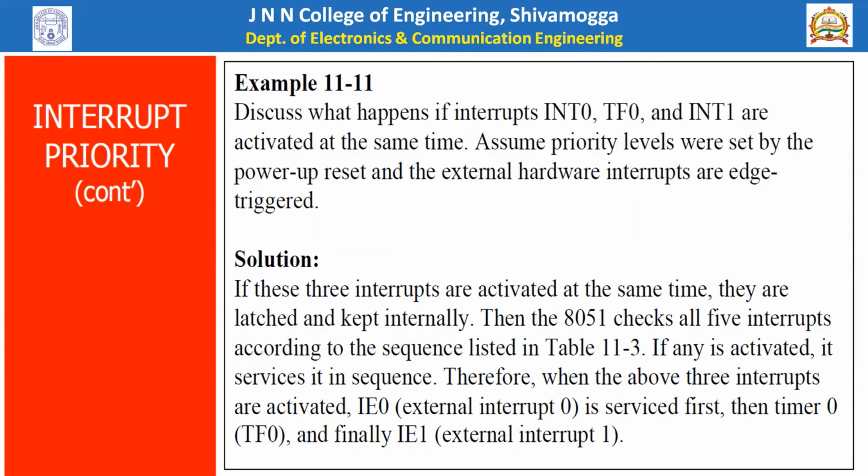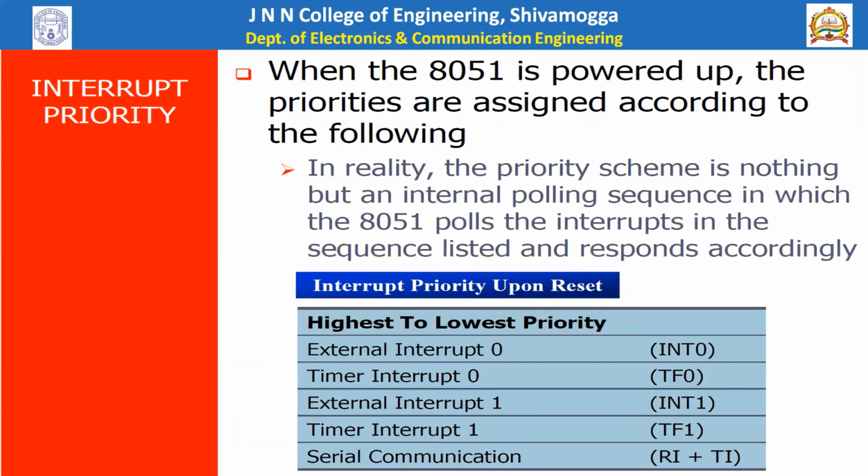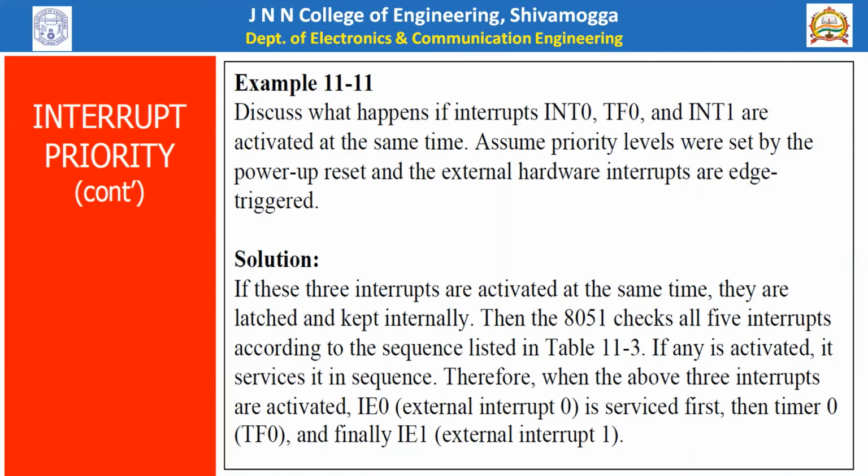Then the 8051 checks all 5 interrupts according to the sequence listed in table 11.3. That is the table which I had shown now. If any is activated, it services it in the sequence.